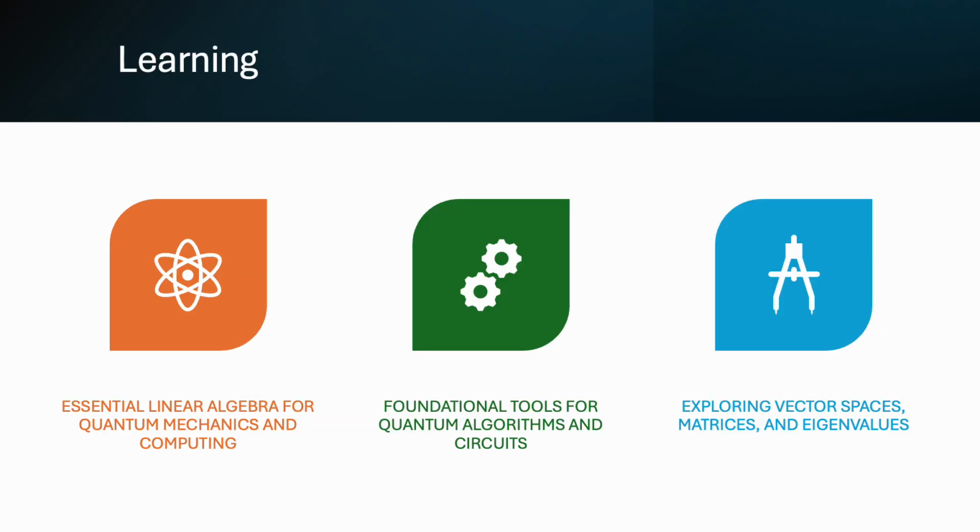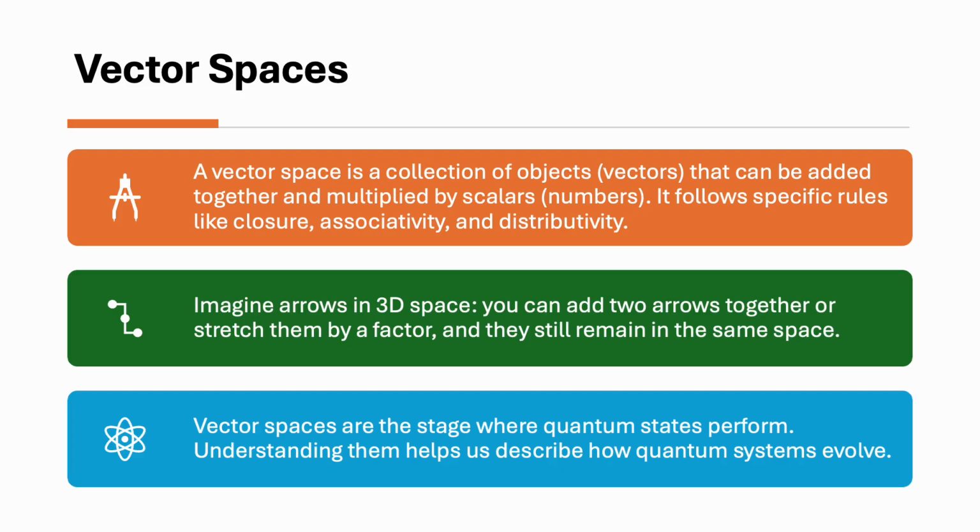We will also be looking at essential linear algebra for quantum mechanics and computing in more depth, as well as foundational tools for quantum algorithms and circuits, and last but not least, exploring vector spaces, matrices, and eigenvalues. This is to reiterate that this lecture is of significant value for us to learn from.